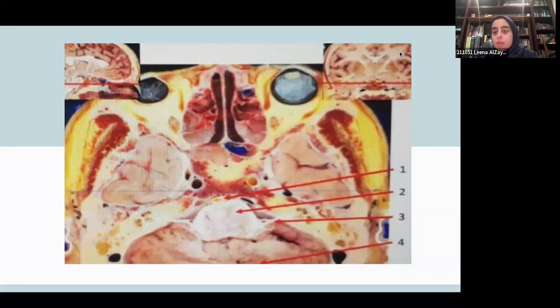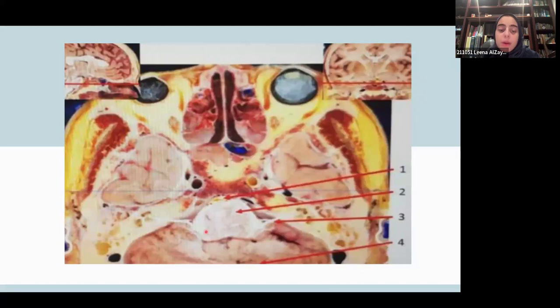Okay, number 1 is basilar. Good job. Pons, yeah. Perfect. And you know it's pons because of the basilar artery. And then 3, cranial nerve number 8, vestibulocochlear. Perfect. The last one is just the cerebellum. That's all.